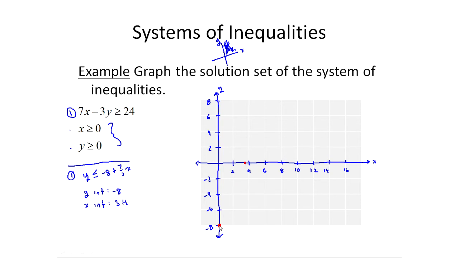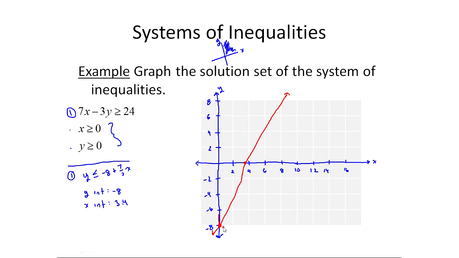So I'm going to go ahead and draw my line as best as I can. And I guess it got a little bit better as I got higher up. It doesn't have to be perfect, but there's my line.